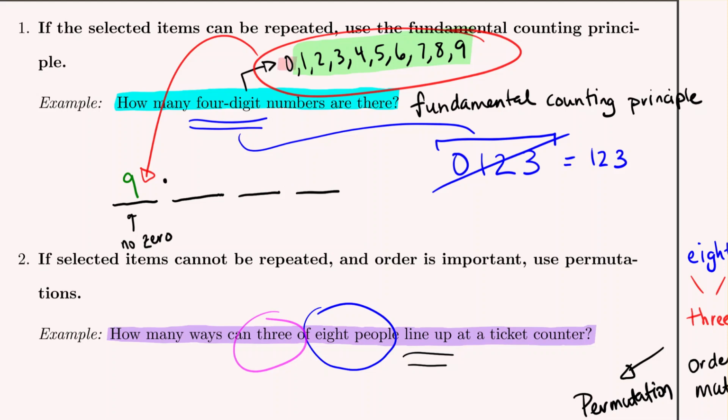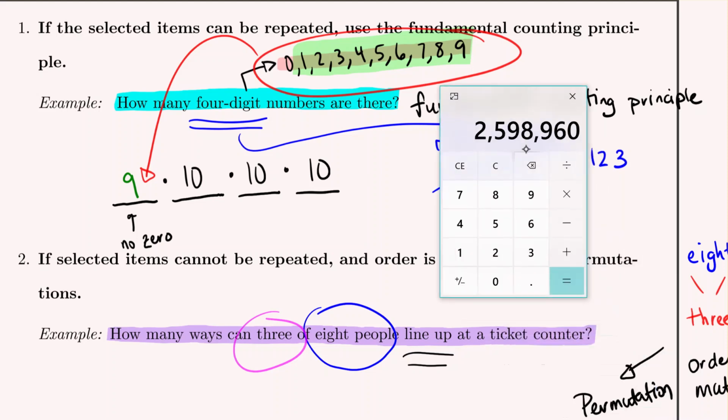So for the second place, I could use 0 through 9, so there are 10 possibilities. Since I can repeat, there are 10 possibilities for the third place and 10 for the fourth place. So that would be 9 times 10 times 10 times 10, or 9,000 possible 4-digit numbers.